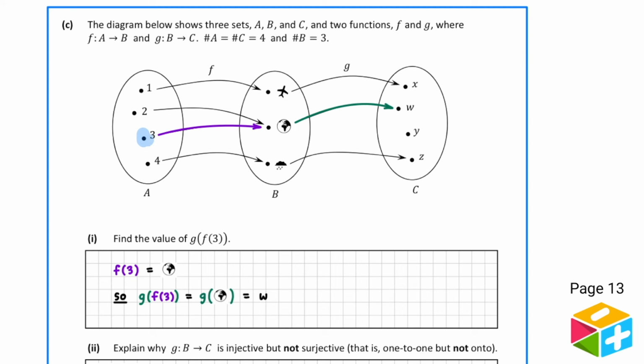Well, 3 appears here. When we apply f, we get mapped to the icon of the world. When we apply g to this icon, we end up at w. So g of f of 3 is equal to g of the icon of the world, which is w.